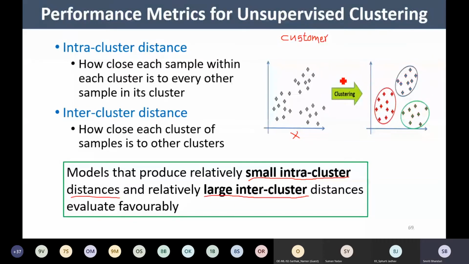What kind of information may we have? We may have what kinds of products these customers are buying, how much they spend per month, whether they buy the goods on credit or cash, something like that. So these are actually the behaviors of the customers.